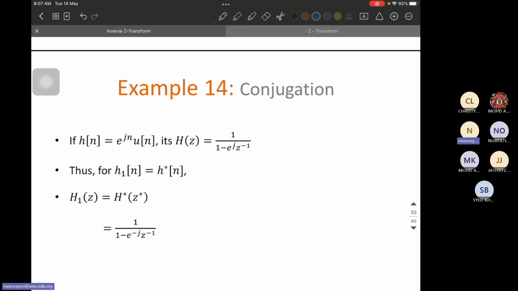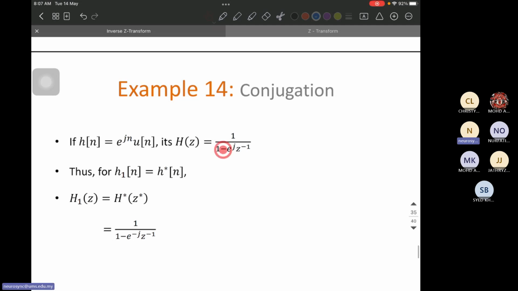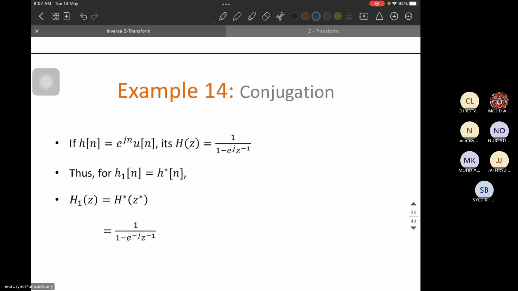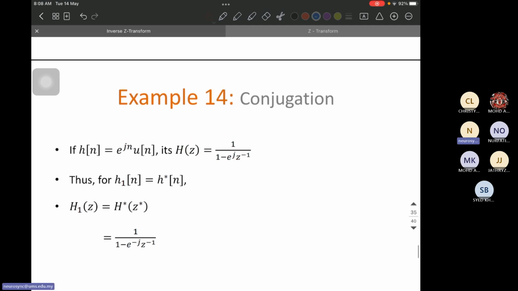Now, if h of n is given like e to the power j n u of n, then its z transform is this. If we apply the scaling, we can directly calculate the z transform like this: 1 divided by 1 minus e to the power j z inverse.